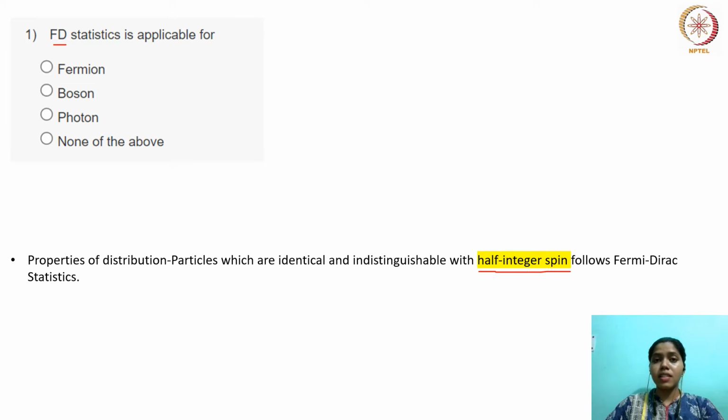So now what does this half integer spin actually mean? If the particle has an odd multiple of 1 by 2 spin, that can be your 1 by 2, 3 by 2, 5 by 2, 7 by 2 and so on. So that will be your half integer spin. And let's see what is the case in the case of boson.